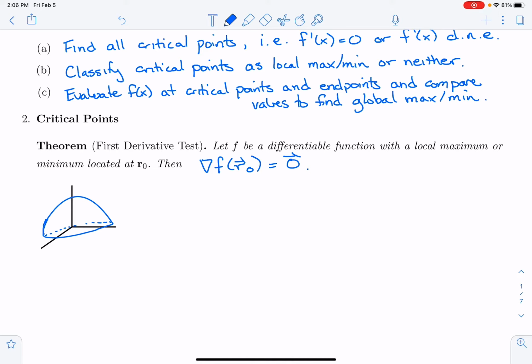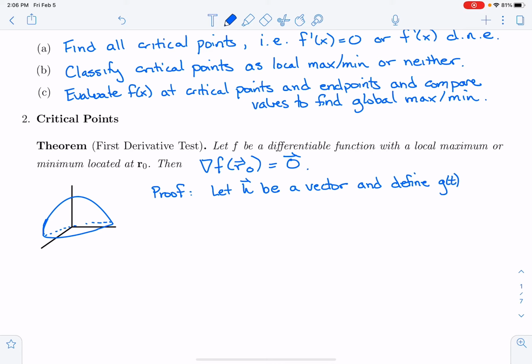Okay, so we want to prove this statement. And the way that we're going to prove that statement is we're going to start by letting h be a vector. It's going to be an arbitrary vector. And we're going to define a function. We're going to call that function g of t.